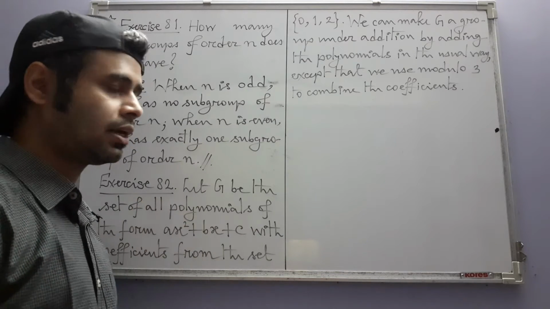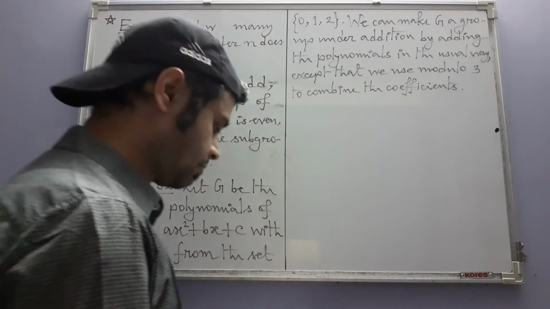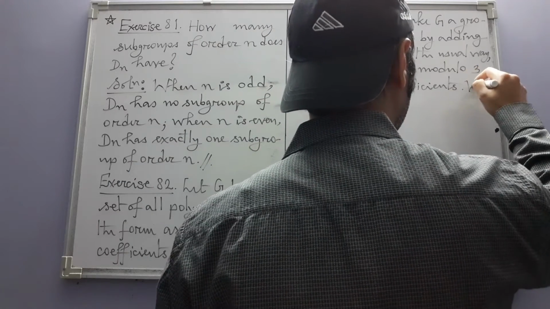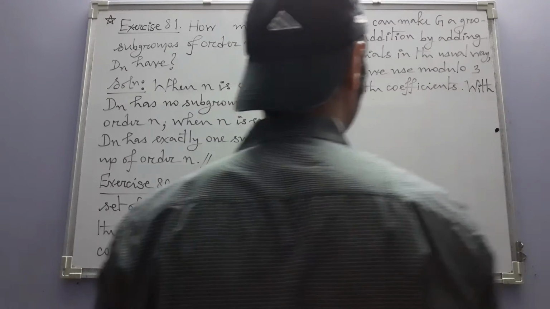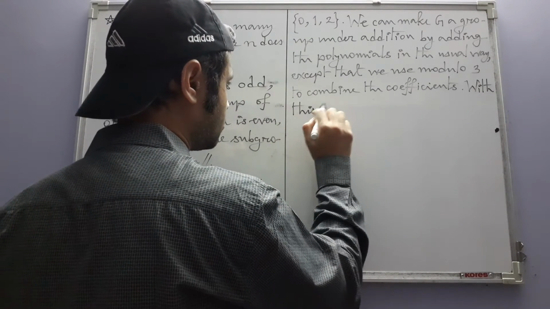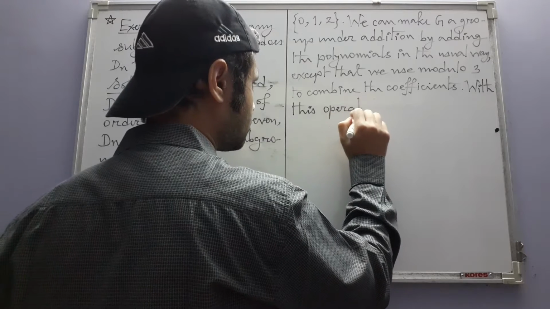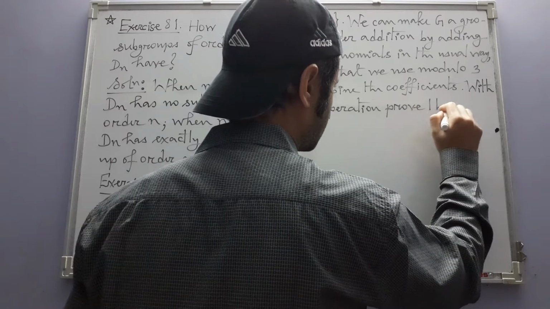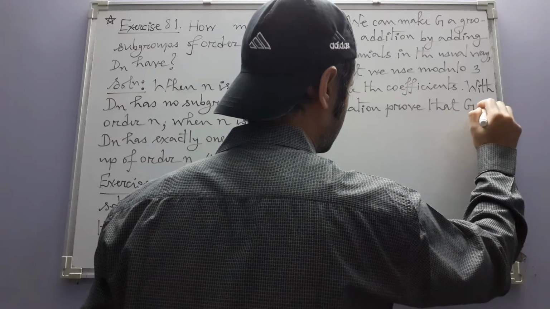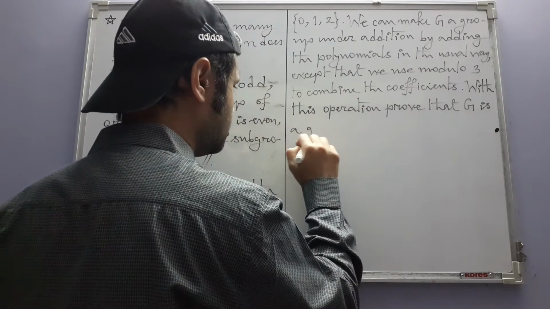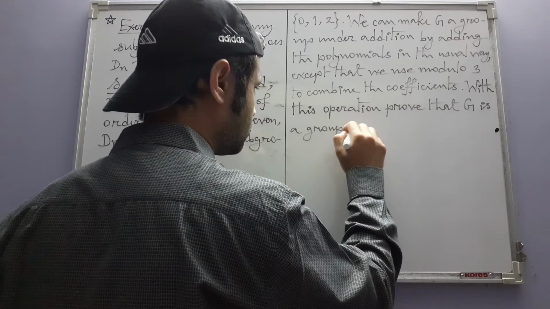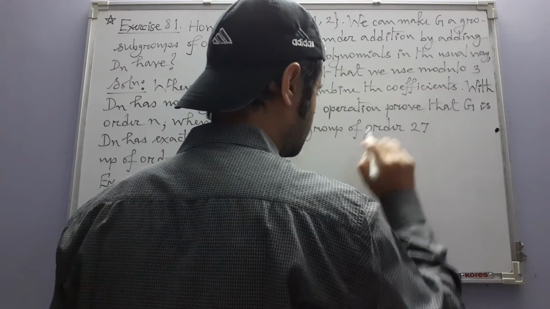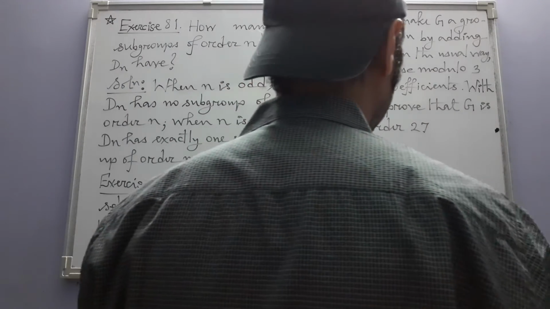That is, now our addition is addition modulo 3 when we add the coefficients. With this operation, prove that G is a group of order 27 that is not cyclic.